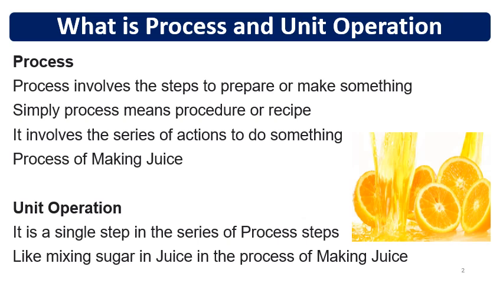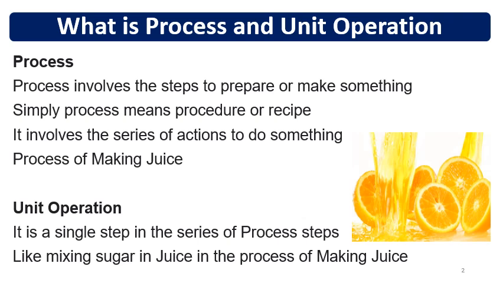So a process is a series of actions, you can say, or a series of steps to make something happen or to prepare something. This process involves the steps to prepare or make something. It may be called a procedure or a recipe.